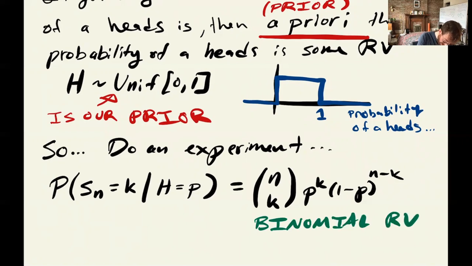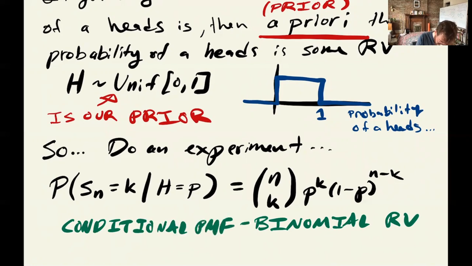And in fact, this is our conditional probability mass function, is this binomial. So what we're seeing here now is a coupling of the discrete and the continuous.